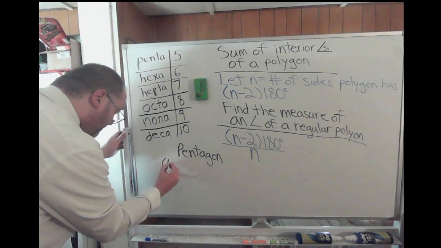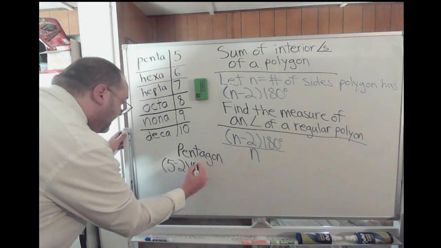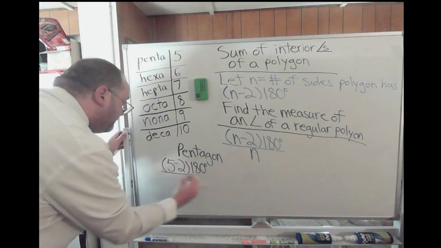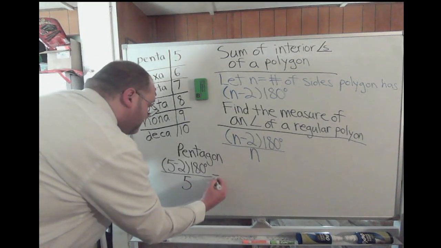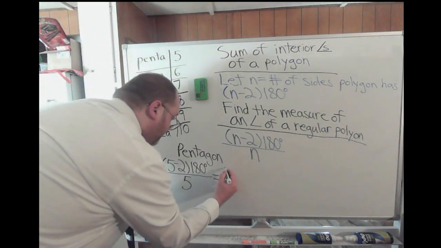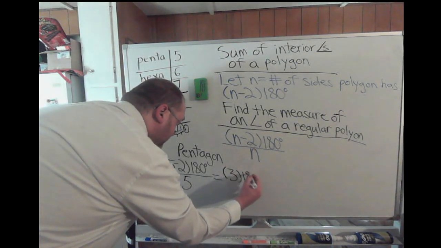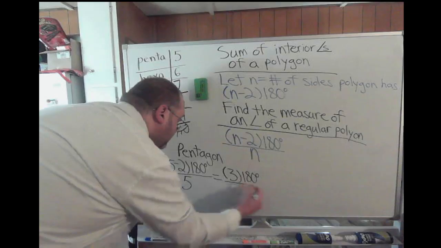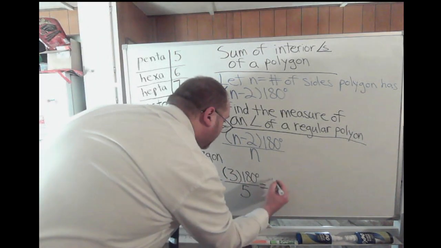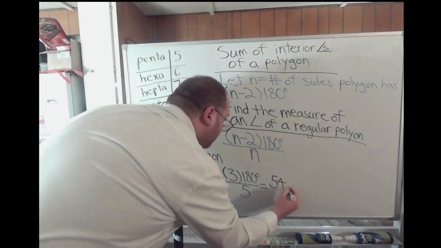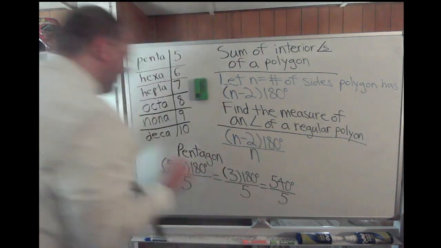So still, take your 5 minus 2 times that 180 degrees, but you're going to divide it by 5 because it's got 5 sides. So in the numerator, 5 minus 2, that's 3. You would take 3 times 180 degrees all over 5. 3 times 180, that's 540. So you take 540 degrees, divide that by 5.